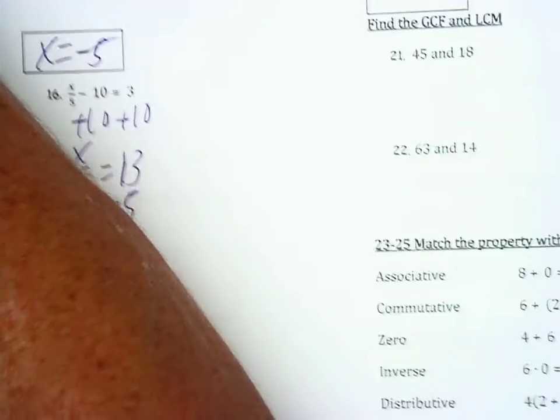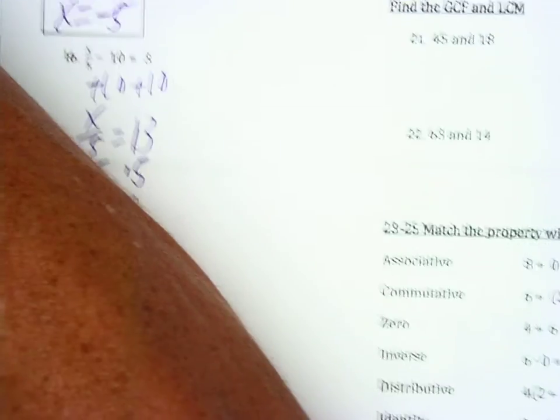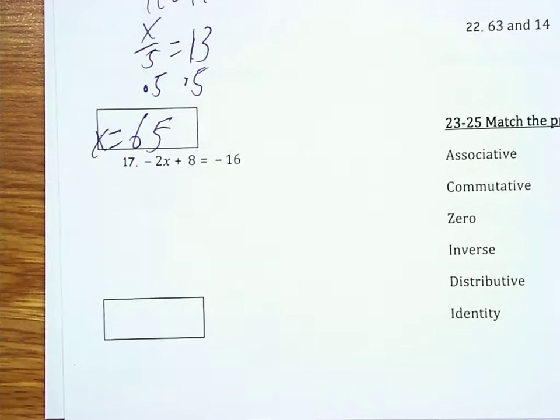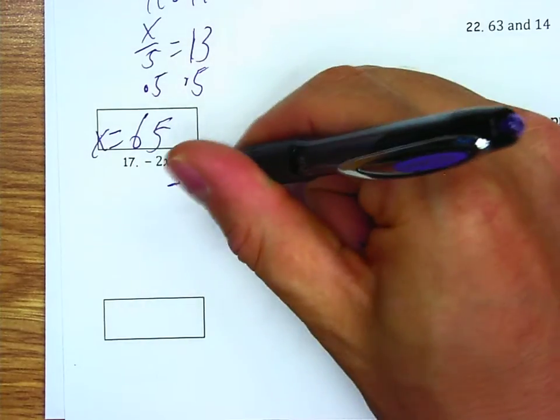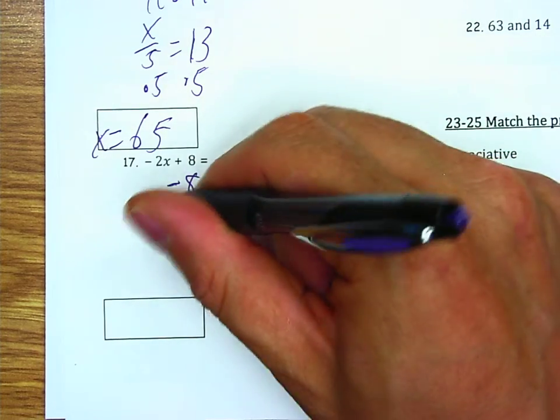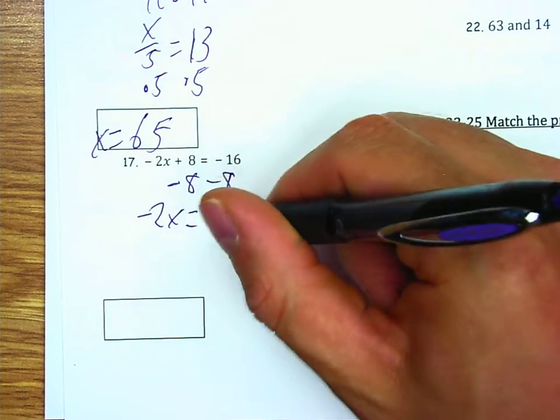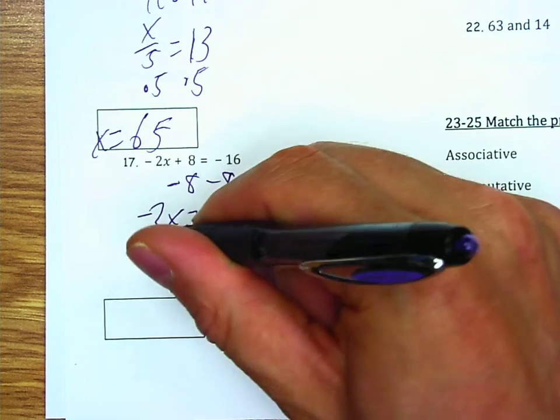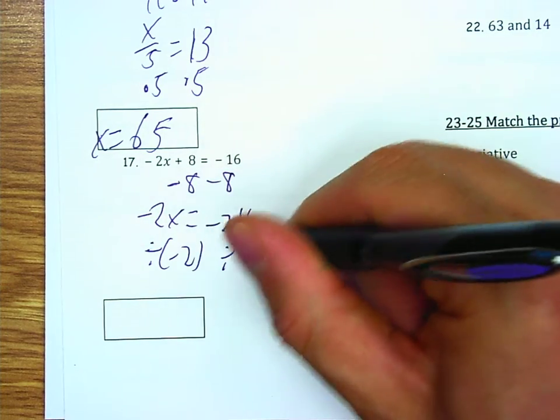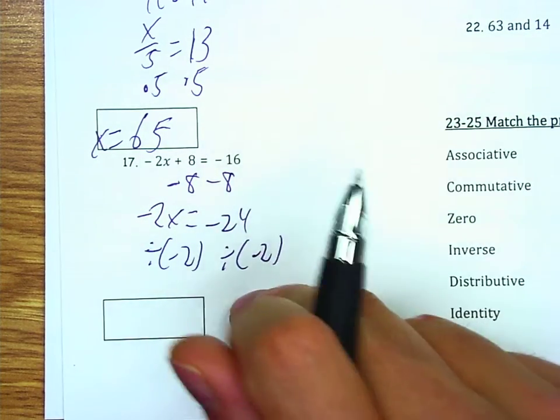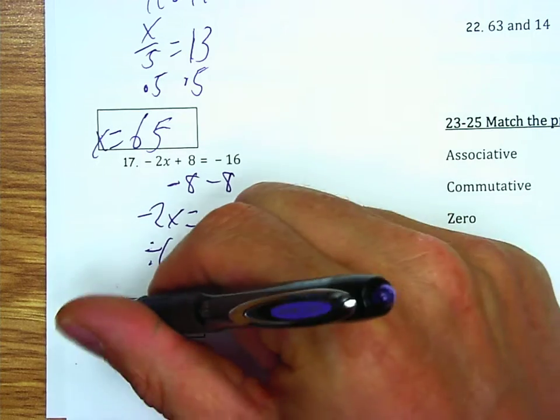Question 17. You're going to subtract the 8 from negative 16. Those are same signs, add, so they make negative 24. Then you're going to divide by negative 2. Again, you can show it as a divide symbol or divide bar. x is 12.